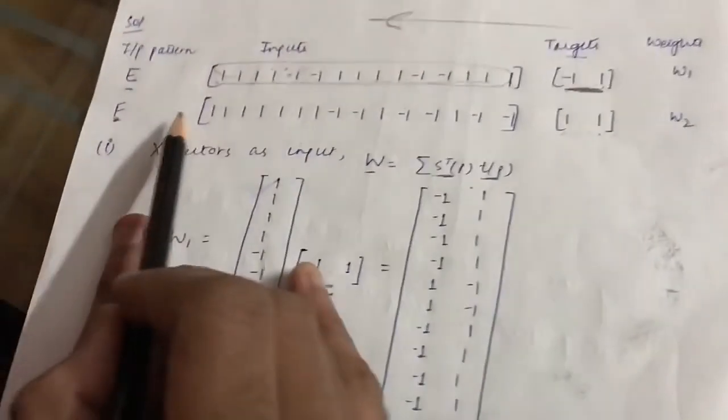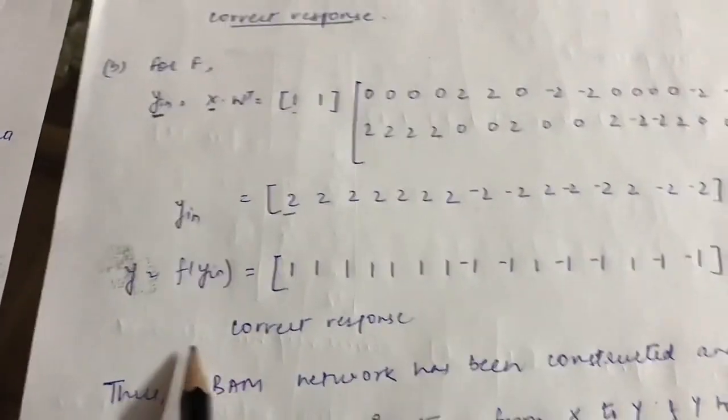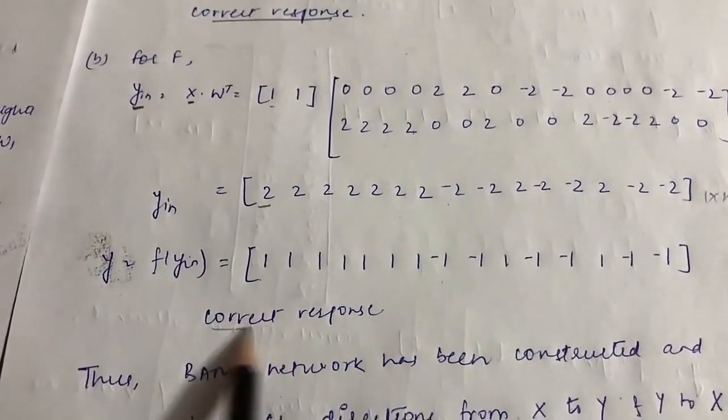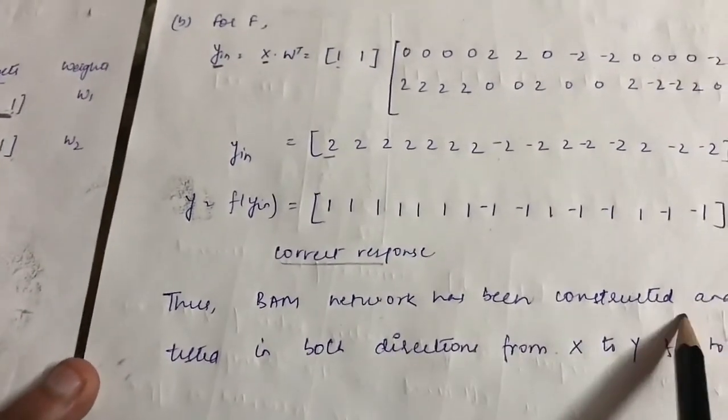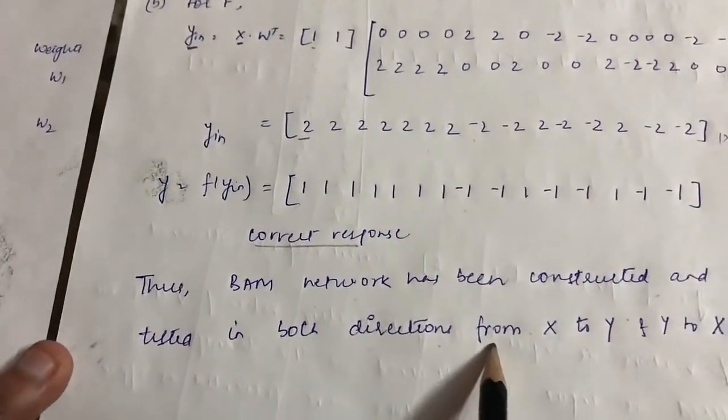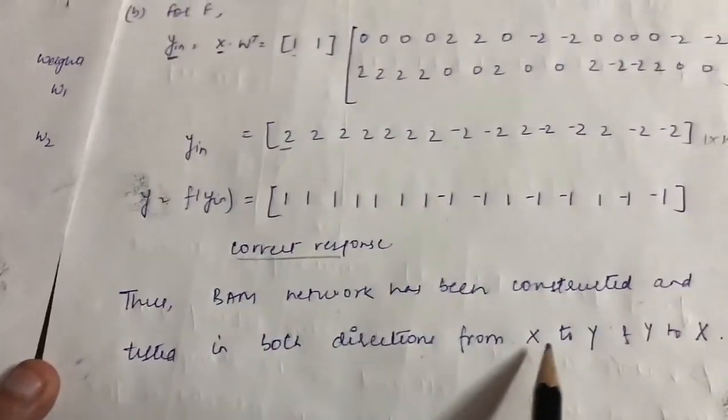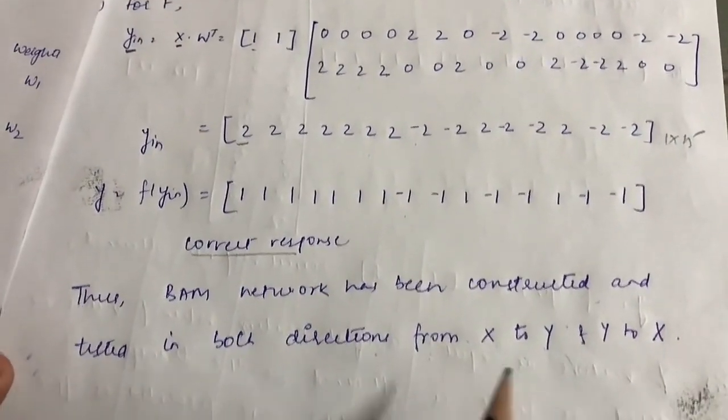That means you compare the input set with the output set that you have just obtained, and you will find that these two values are similar. So you write that the correct response has been obtained for this also. So we write that thus the BAM network has been constructed and tested in both directions, from x to y and y to x. So with this, the BAM network comes to an end.